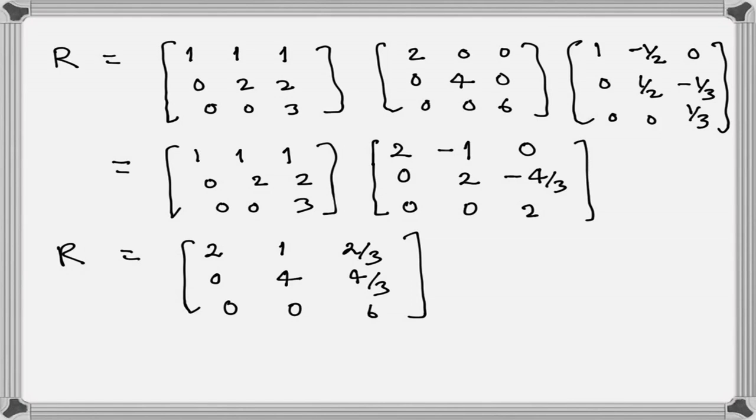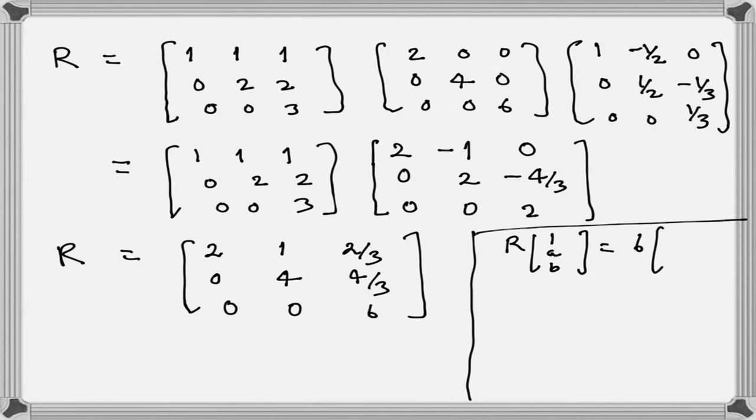What is given is that R times the vector (1, a, b) equals 6 times (1, a, b).